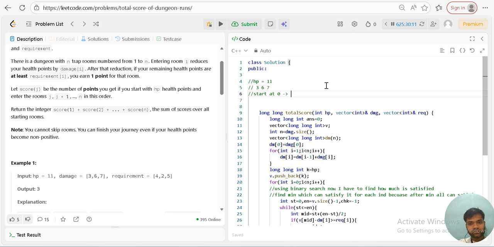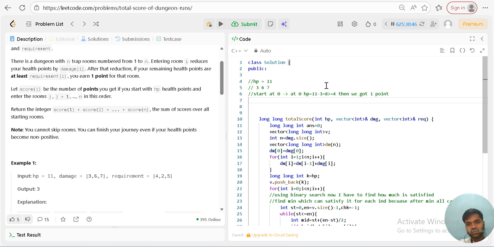Start with 0. At 0, HP reduces to 8, HP 11 minus 3 is 8, which is greater than or equal to 4. Then we got 1 point.